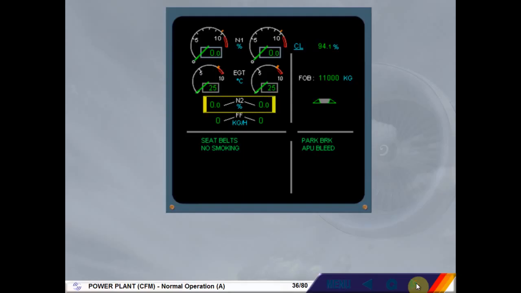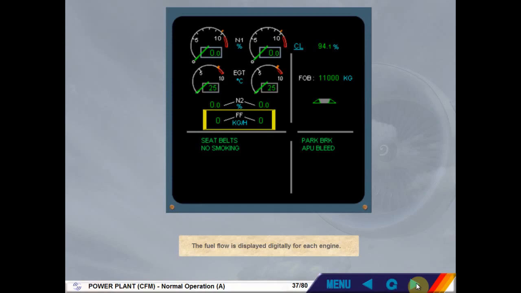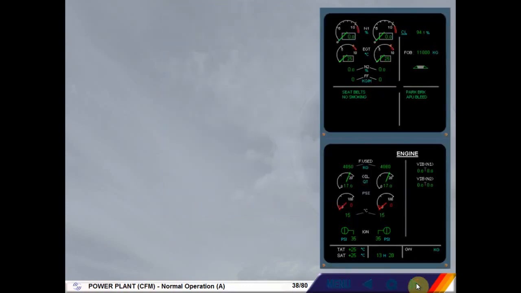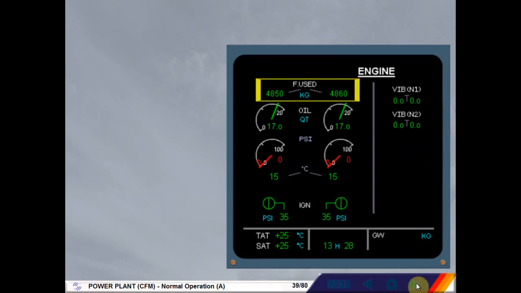The N2 indication is only displayed digitally. The fuel flow is displayed digitally for each engine. Let's look now at the indications on the ECAM engine page.